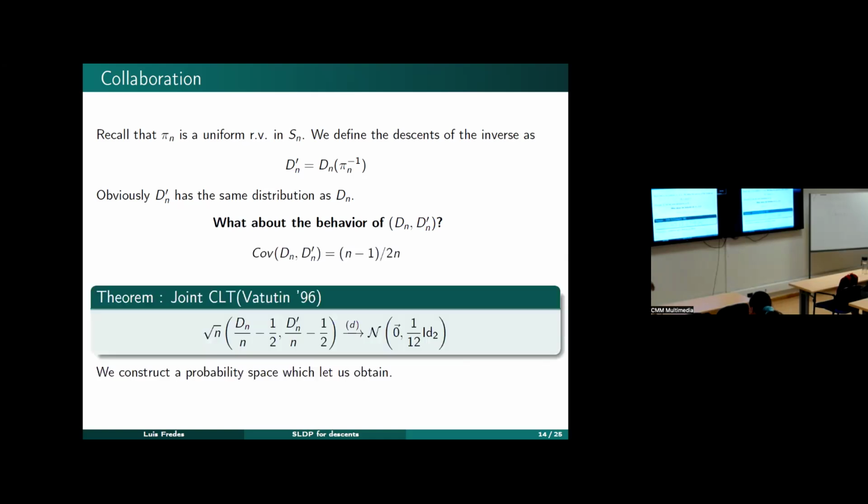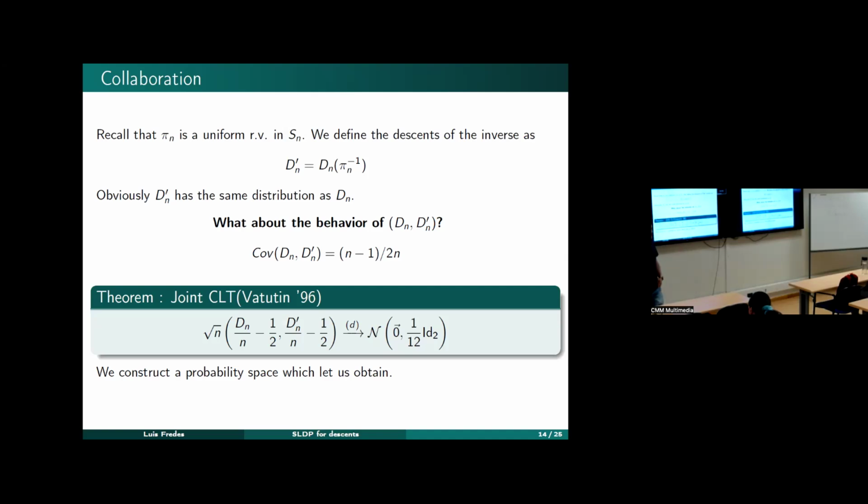The first result that gives some intuition: when we study the covariance of Dn and Dn prime, we have an explicit expression. And as you see in the result, we usually renormalize by square root of n. So you see that they should become independent in the limit. Okay, so theorem of Bercu, I suppose it's called like that.